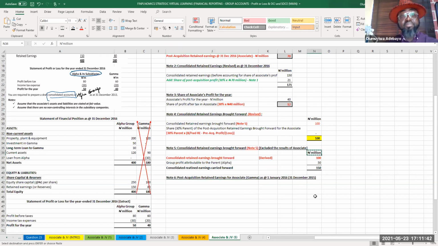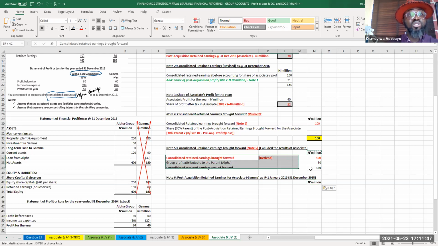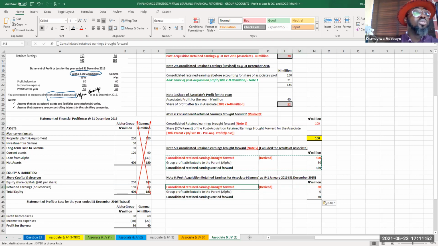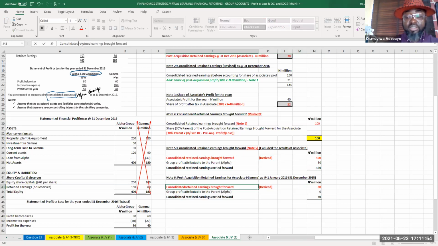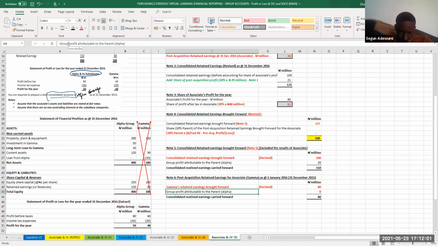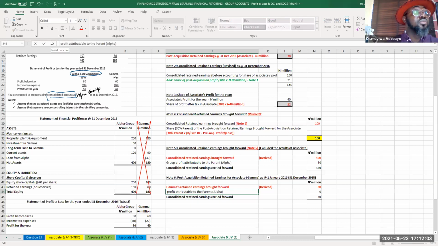How do I determine that? The same thing we've done here, instead of using consolidated, I'll just change the word to Gamma's retained earnings, Gamma's profits for the year, and Gamma's retained earnings.